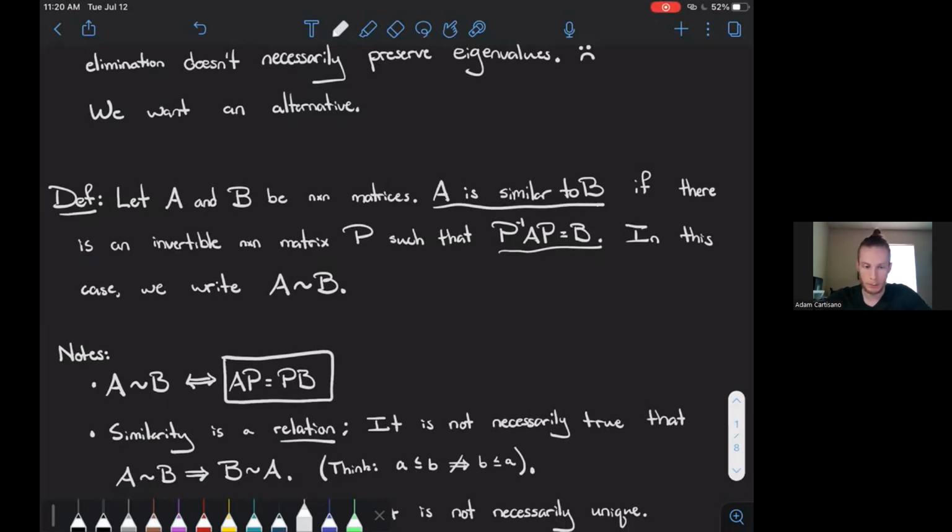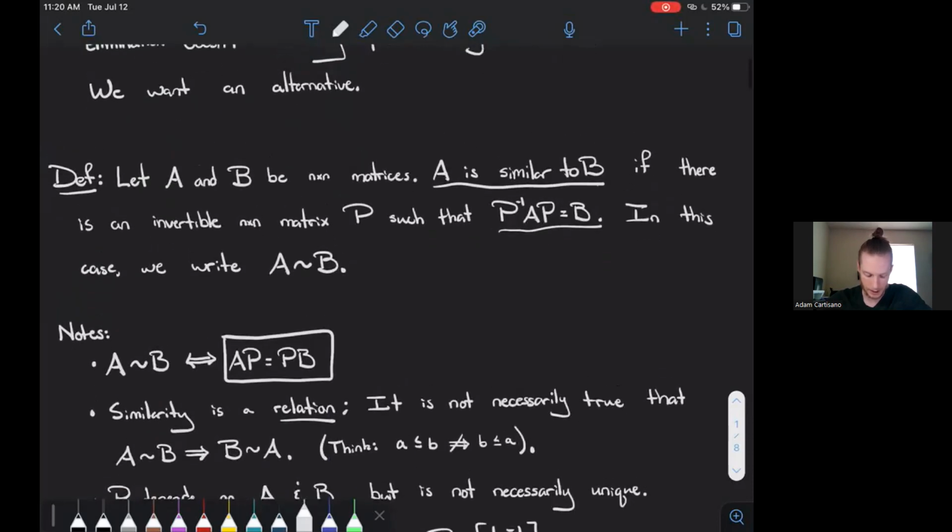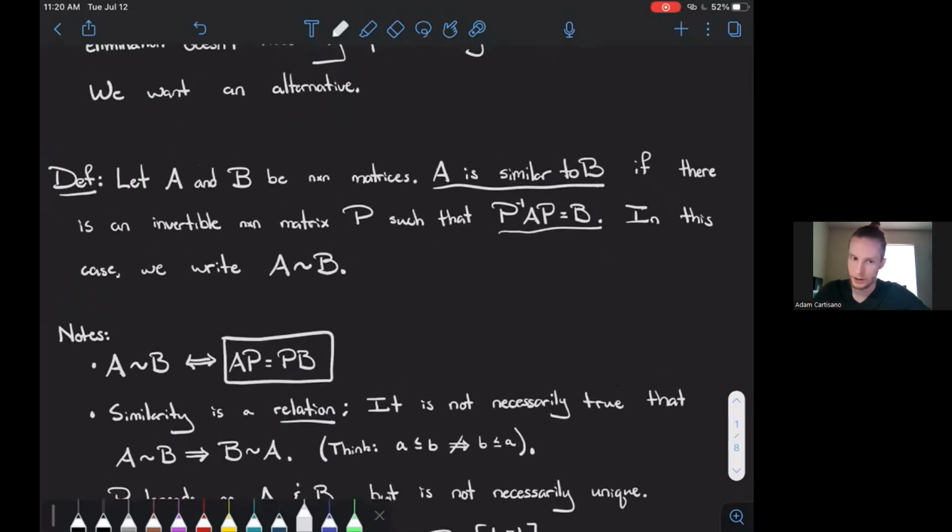Okay. Now, another thing that I want to point out is that similarity is what's called a relation. So a relation is like less than or equal to, or some way of relating two objects in a set. However, it is not necessarily true that if A is similar to B, then B is similar to A. Right?